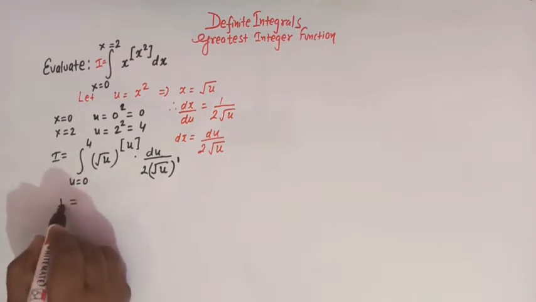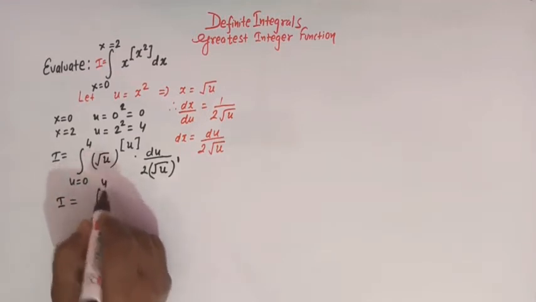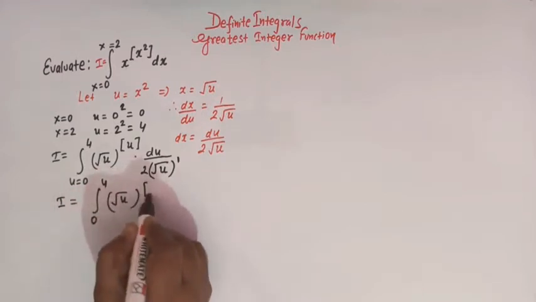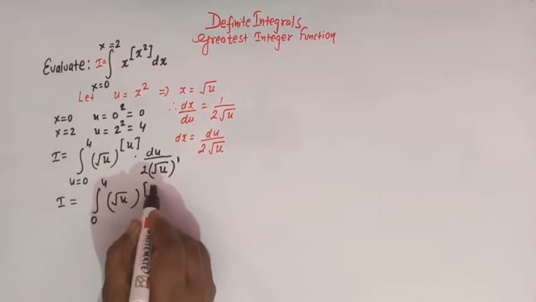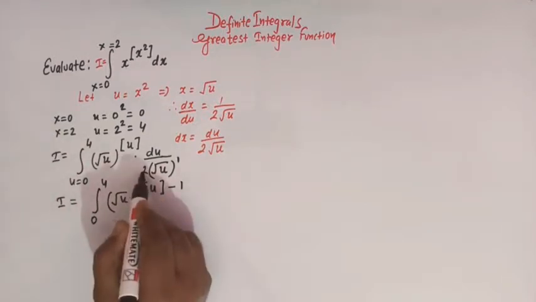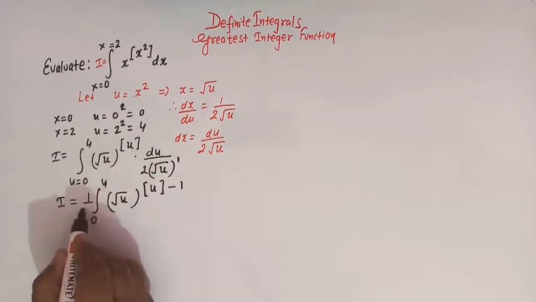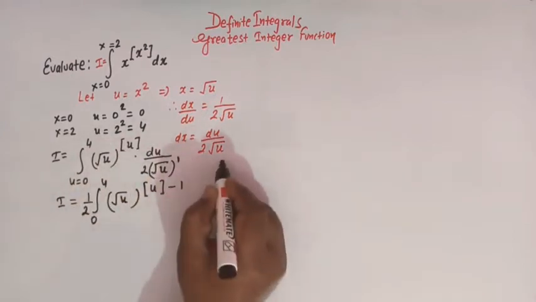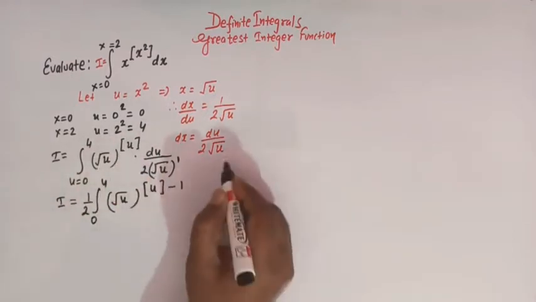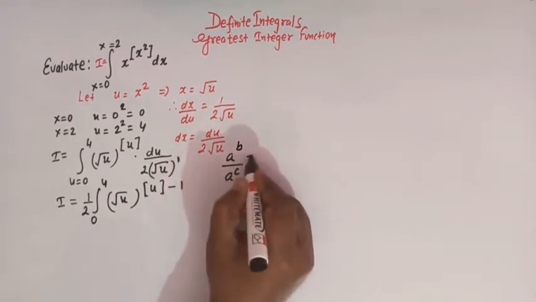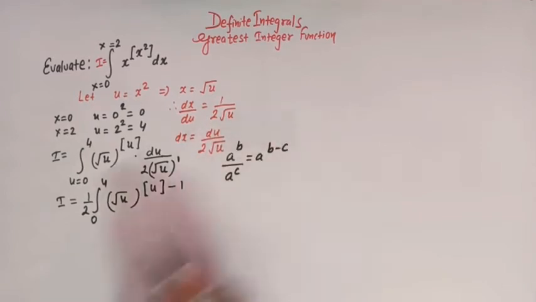So this integral can also be written as 1 over 2 times the integral from 0 to 4 of square root of u raised to greatest integer u minus 1, and we can take the half outside the integral. Here we have used the property of exponents, that a raised to b over a raised to c is a raised to b minus c.